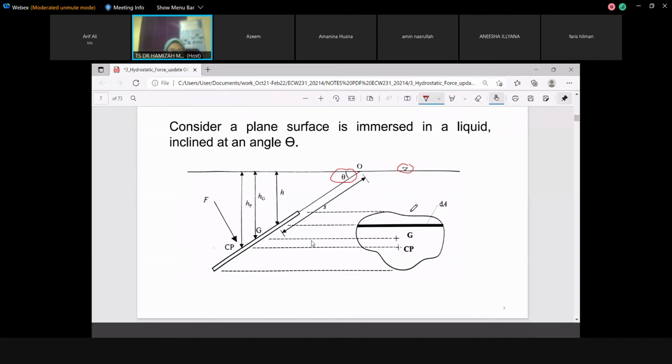Dekat plane ni akan ada center of gravity, G. Okay, length from water surface to the center of gravity, we call it as Hg. Length from the center of pressure from water surface, we call it as Hp.